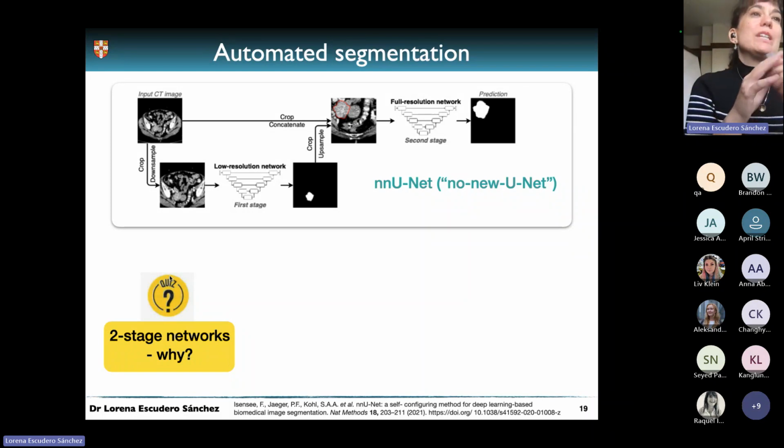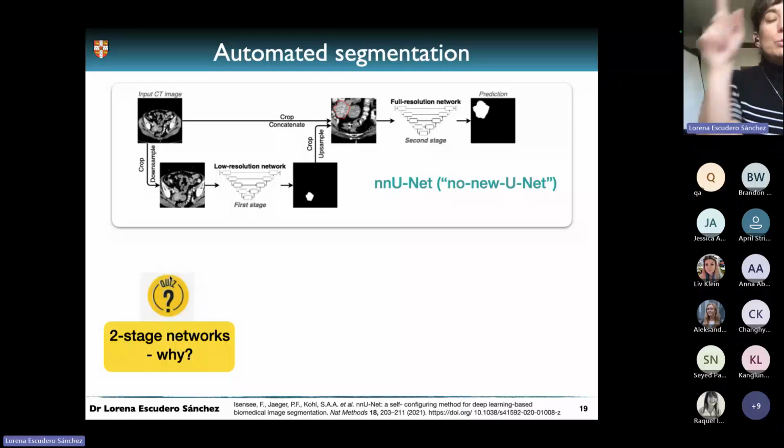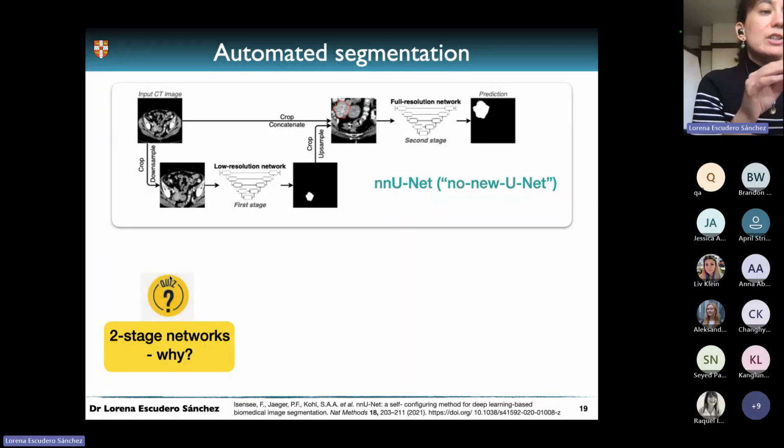There are different ways you can use it. What Thomas did for this work on ovarian cancer was use the so-called nnU-Net, which is a system to test different configurations, different architectures, different hyperparameter tunings, and so on in a configuration package.